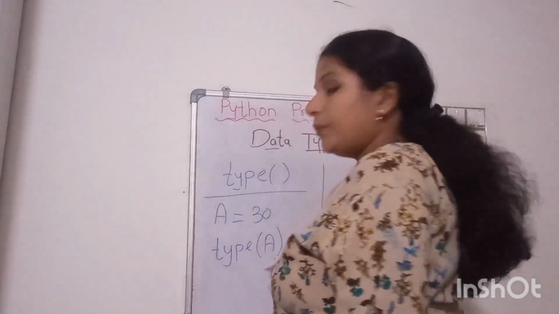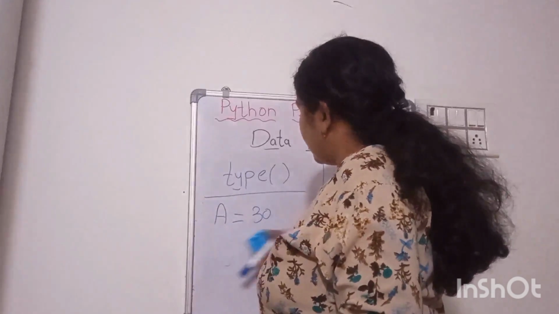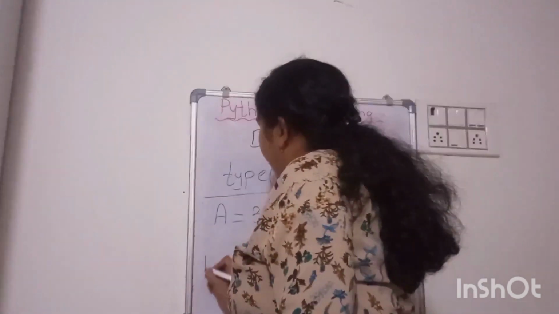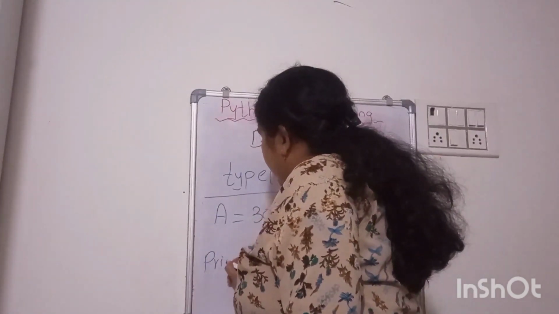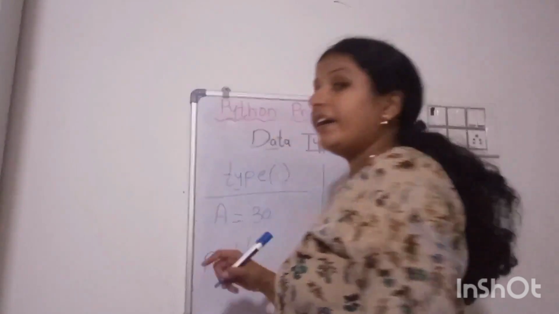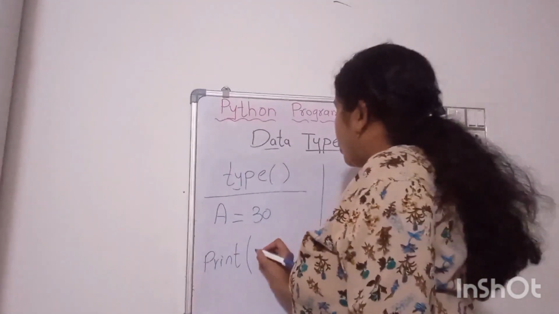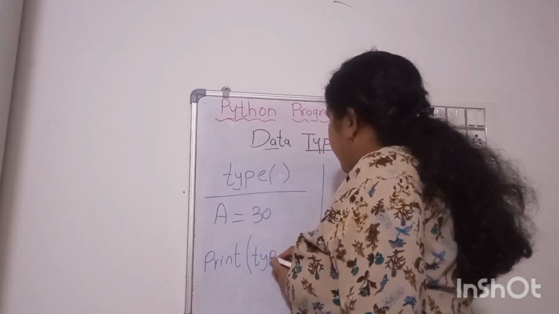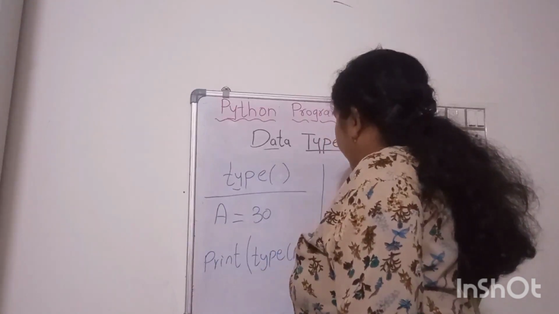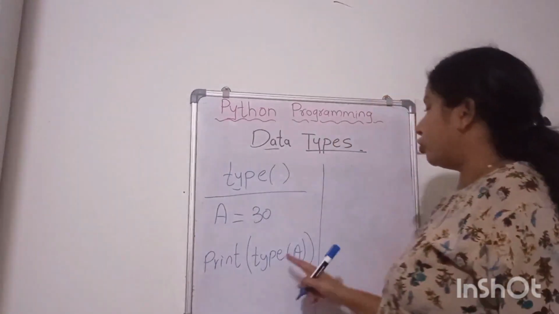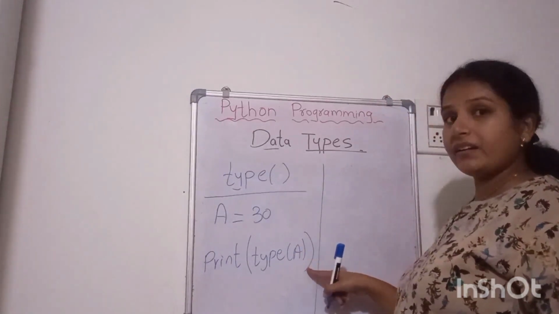So instead of writing it like this, I will include this function inside the print function. So print(type(a)). Don't forget to close two brackets.